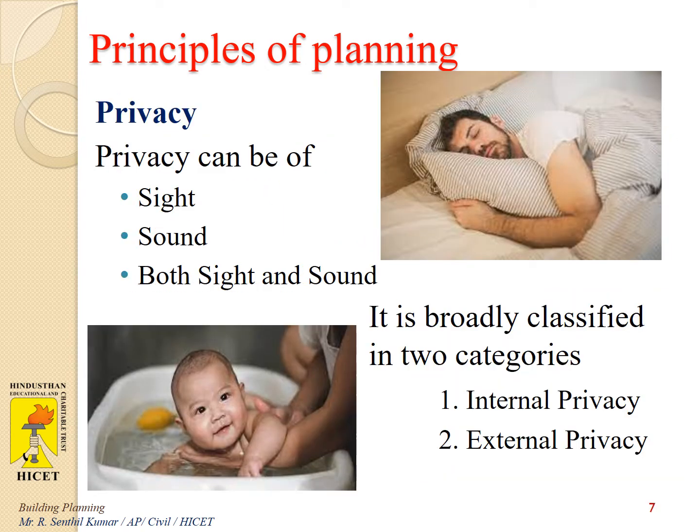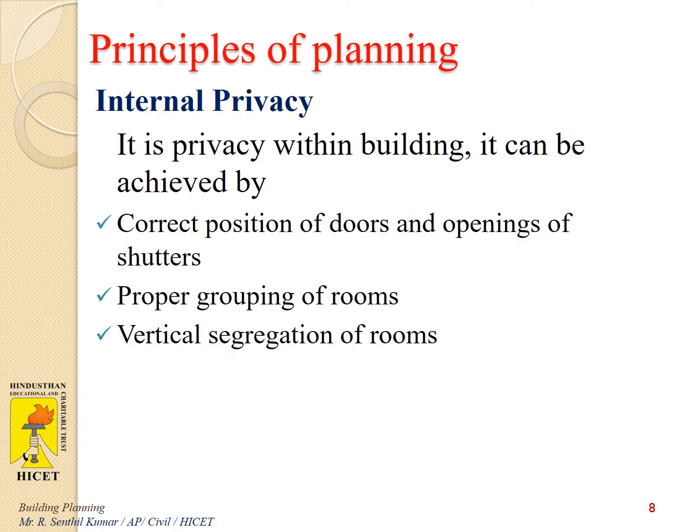And privacy. The privacy can be of sight, sound, or both sight and sound. It is broadly classified into two categories: one is internal privacy, another one is external privacy. First one, internal privacy. It is privacy within the building.